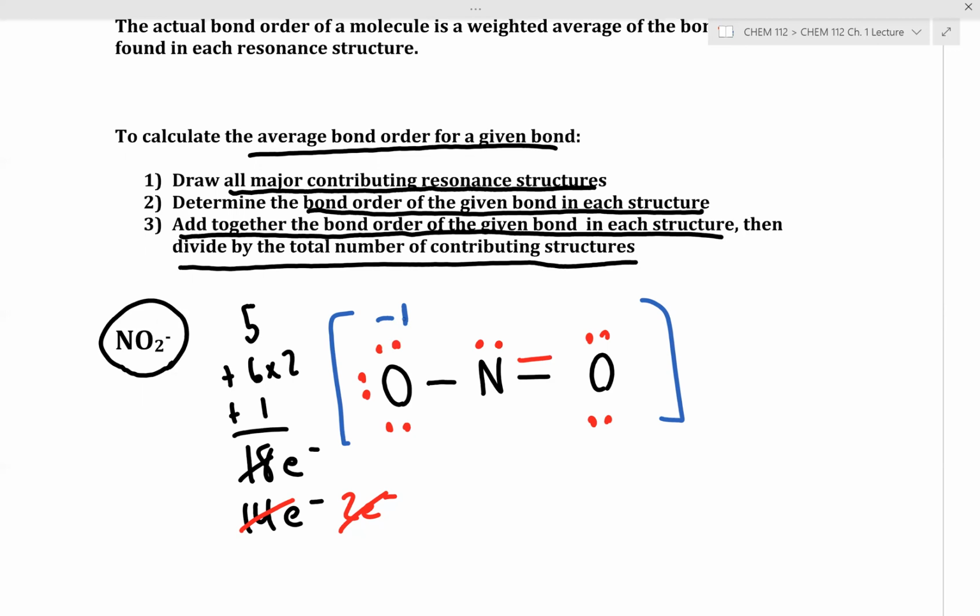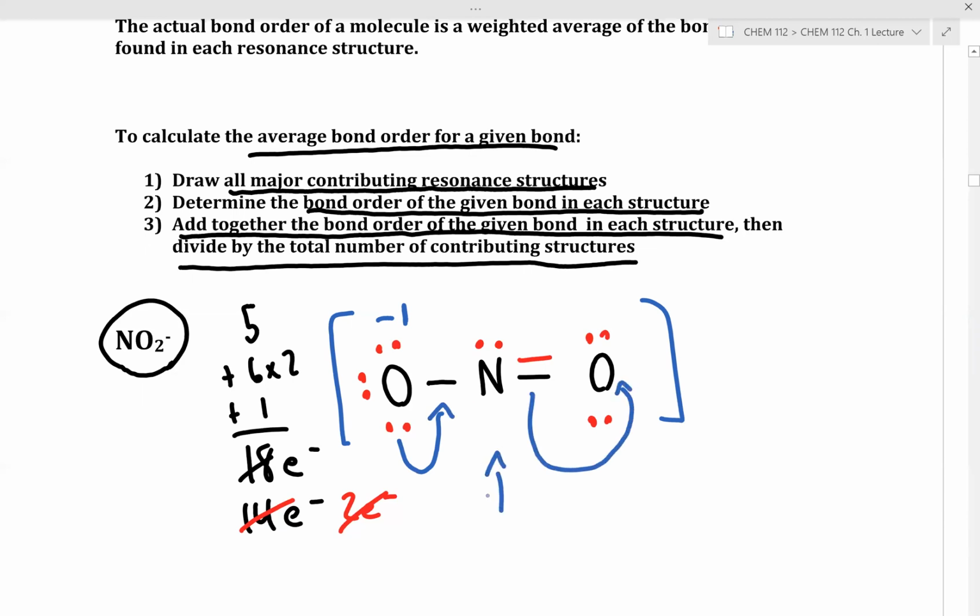Can we draw a resonance structure for this molecule? Yes, we have a lone pair adjacent to a pi bond or pi system. So what lone pair are we going to kick down? Oxygen. Yep. So we're going to take this lone pair on oxygen and kick it down, and our double bond in turn breaks.